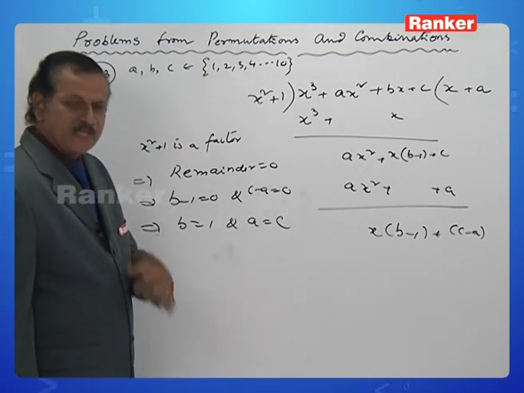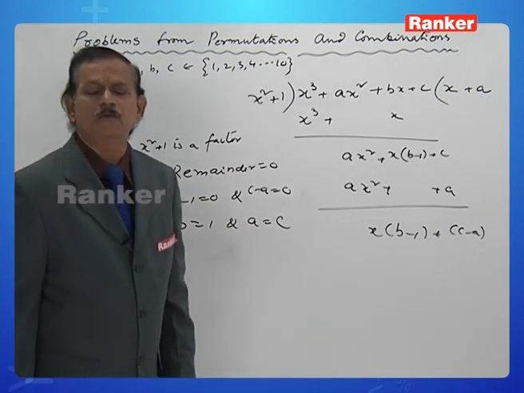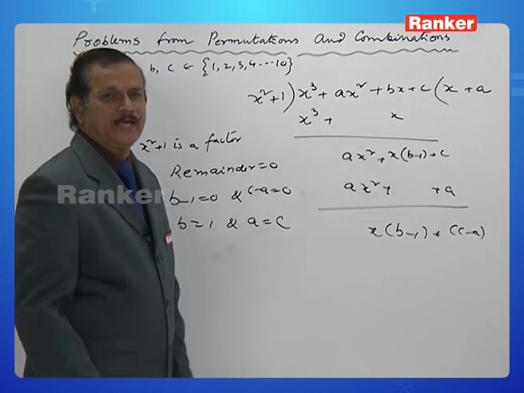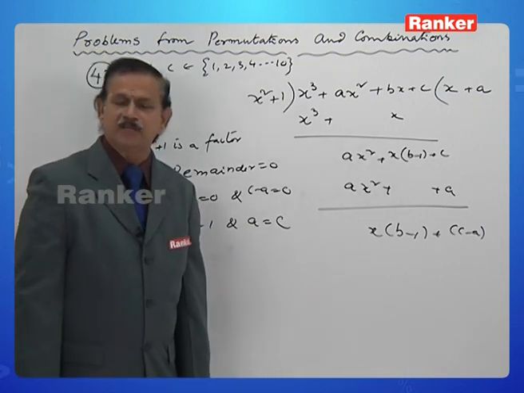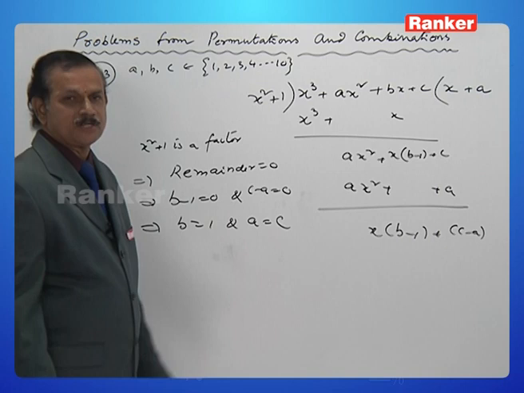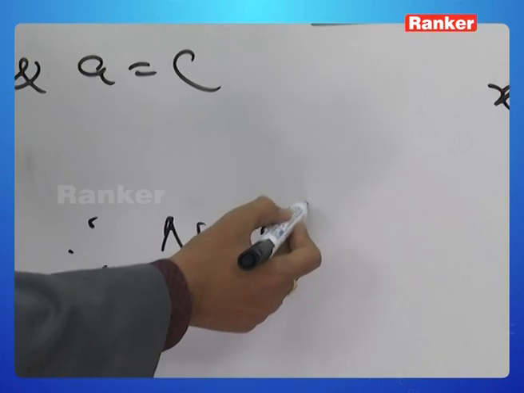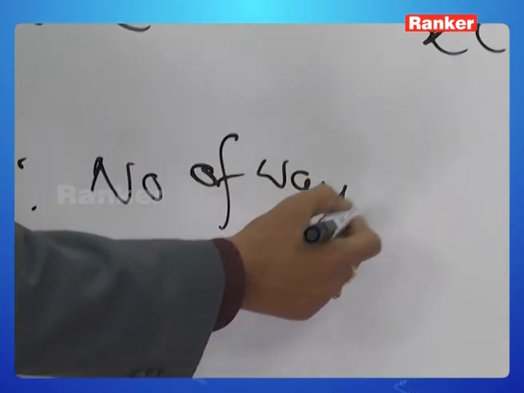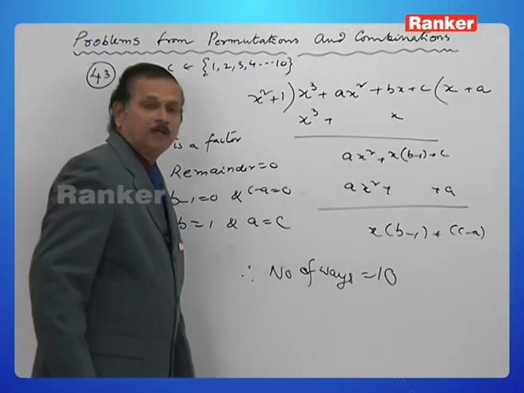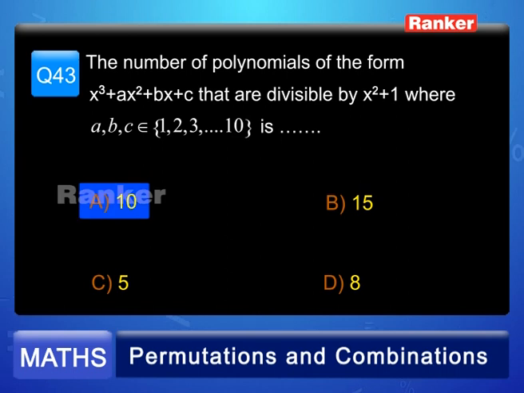In fact, a only. If you can choose a, you have selected c also, because a is equal to c. How many ways can you choose a from this collection? 10 ways. Therefore, number of ways is equal to 10. What is the right option? Option A is the right option among the given. So, the right answer is 10 and the right option is A.